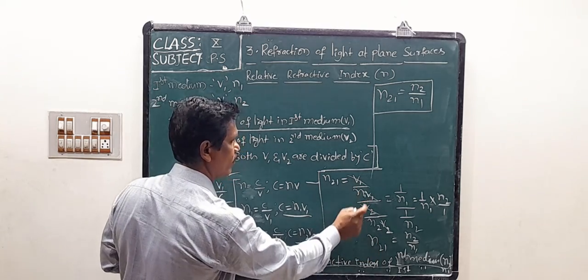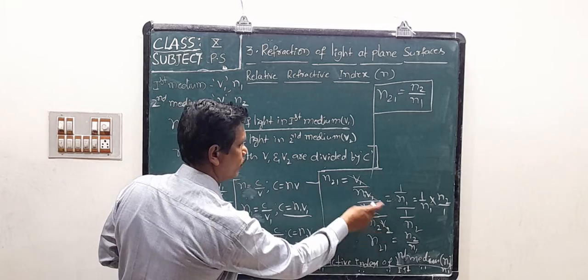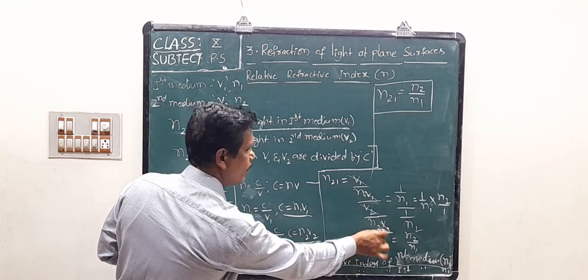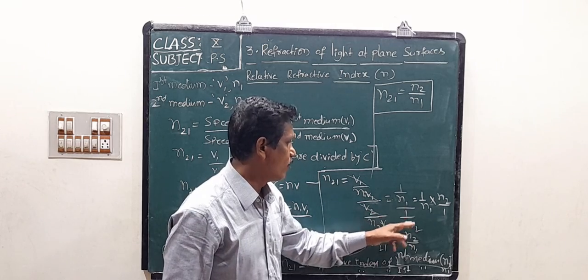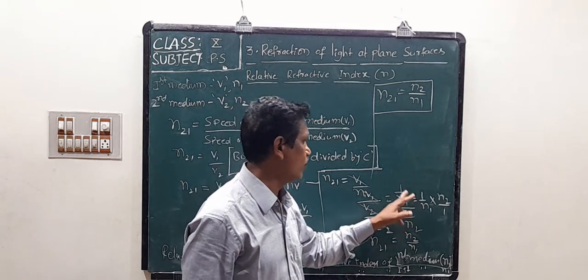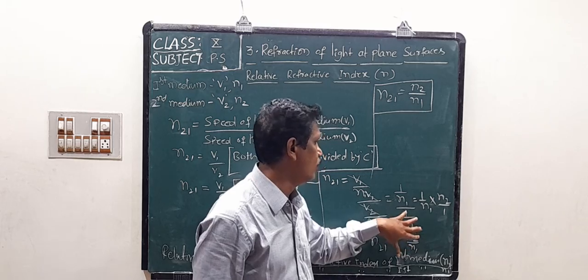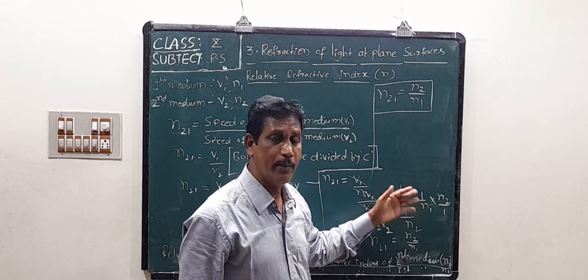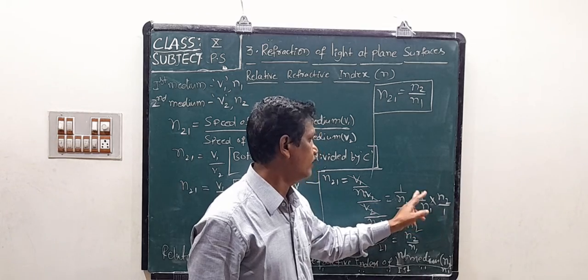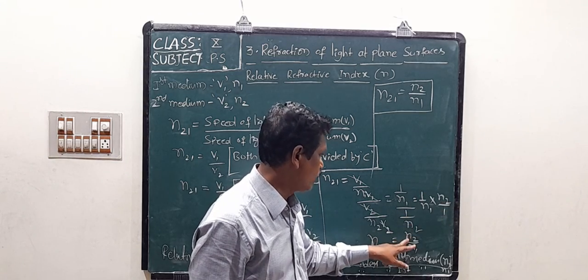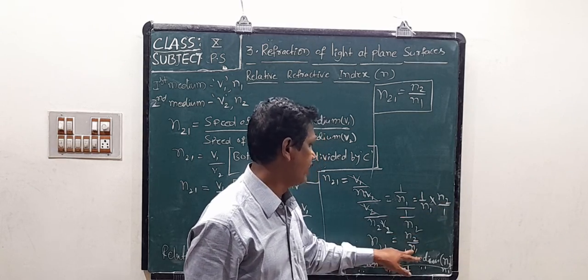Therefore V1 by N1 V1 divided by V2 by N2 V2. V1 cancels, V2 cancels. Therefore 1 by N1 divided by 1 by N2, which equals 1 by N1 into the reverse, N2 by 1. Therefore 1 into N2 by 1 into N1.